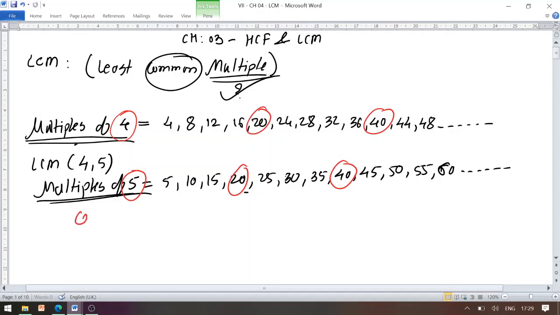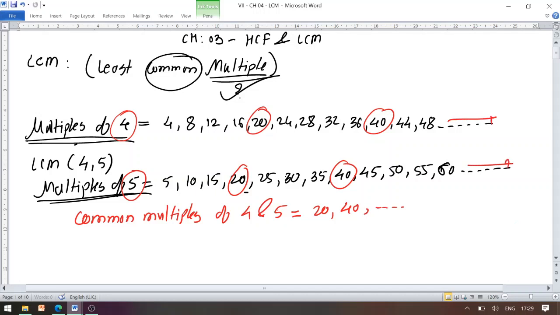So the common multiples of 4 and 5 are 20, 40, and if we extend the tables of 4 as well as 5, you will find a few more common multiples. So we are done with the multiples of 4 and 5, and next the common multiples of 4 and 5.